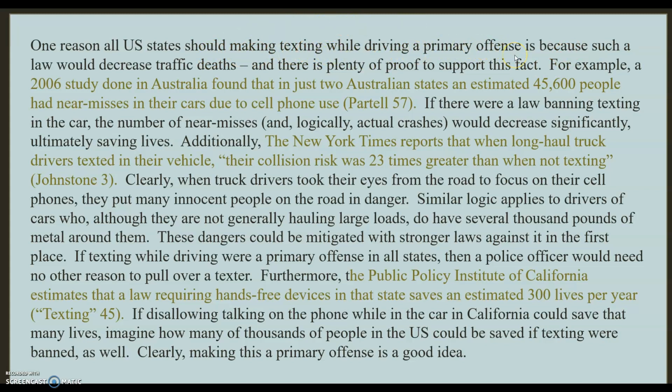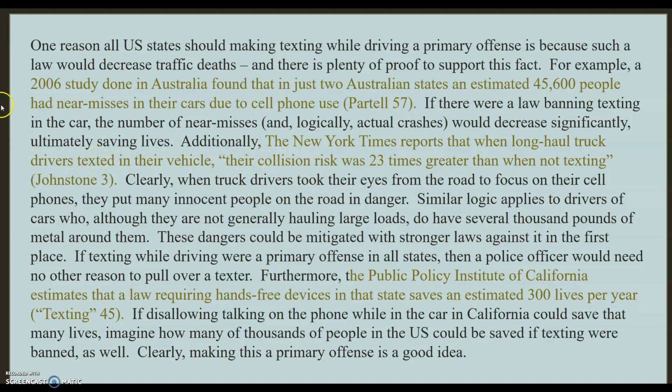So right from the start, we know that this paragraph is going to be about the proof that supports the reason that laws would decrease traffic deaths. We then recognize that there's three pieces of evidence throughout this paragraph noted in the change of font color.